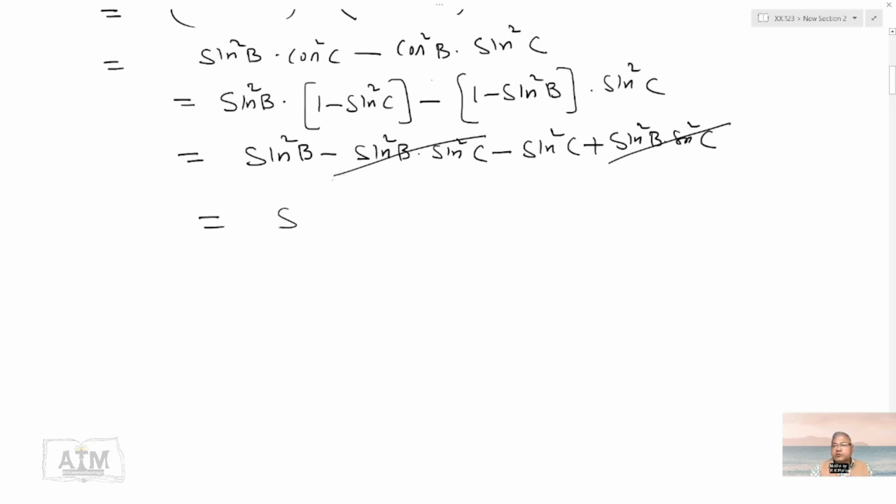This is equals to sin square B minus sin square C.